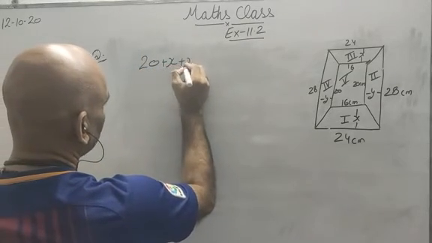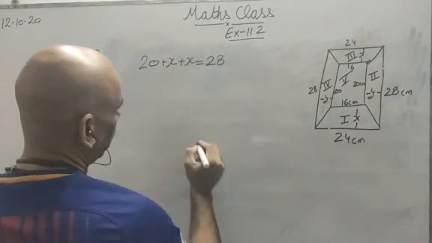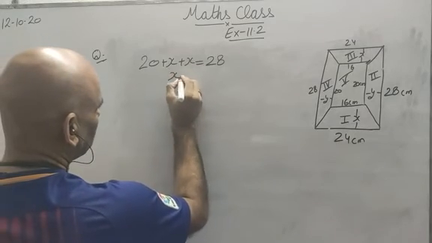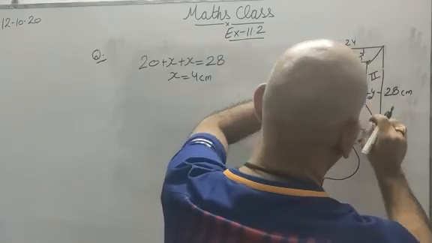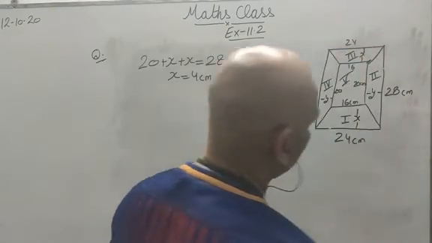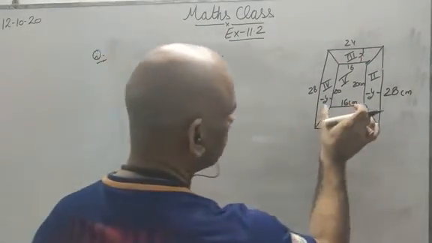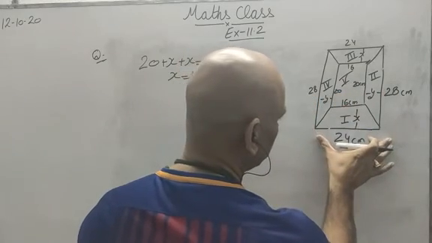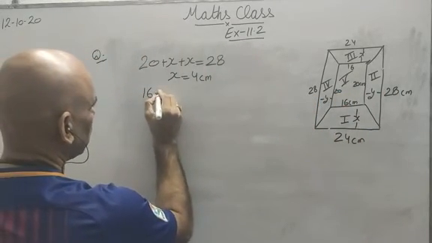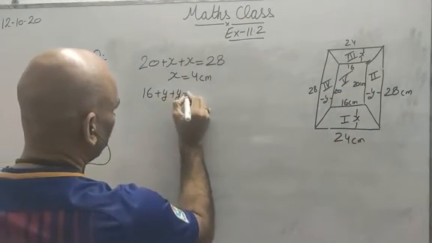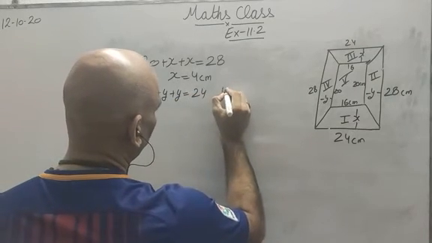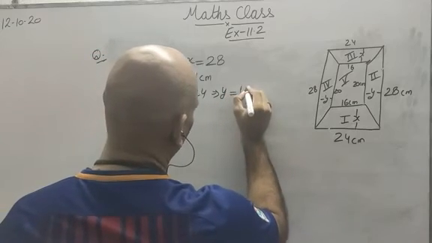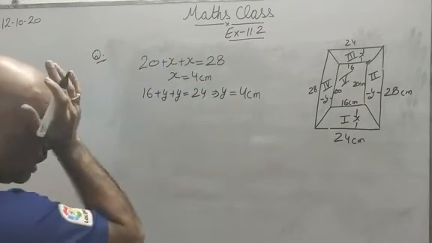So that way x is equal to 4 centimeter. This is 20, this is x, so it is 28. Similarly, 16 plus y is 24. So I got y as 4 centimeter. Now all the dimensions are clear.